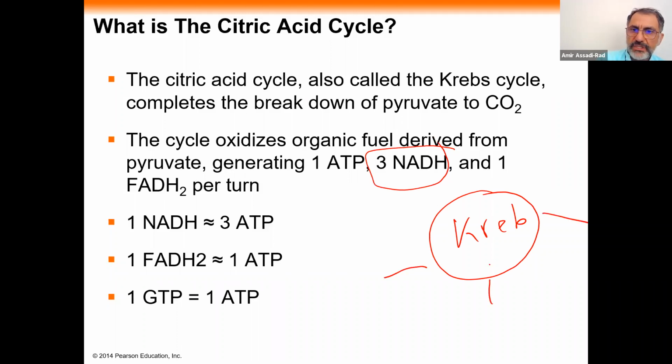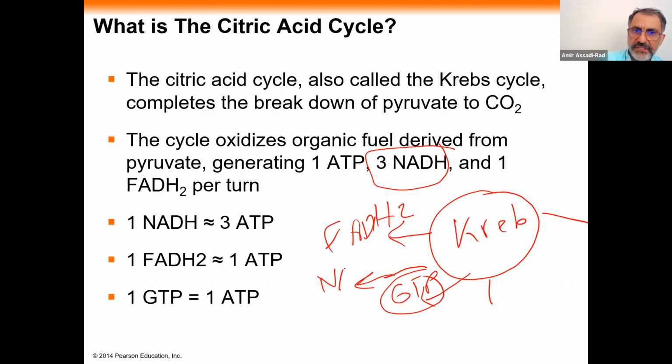And then 1 GTP, and then 1 FADH2, okay? FADH2 is equal to 2 ATP, GTP is equal to 1 ATP, and then, of course, the NADHs.